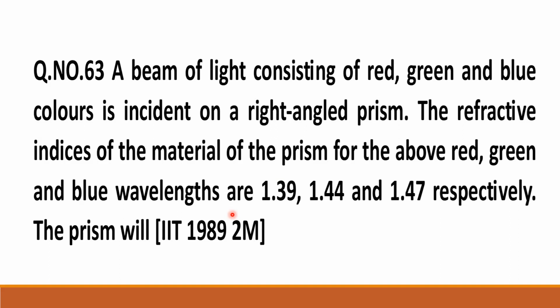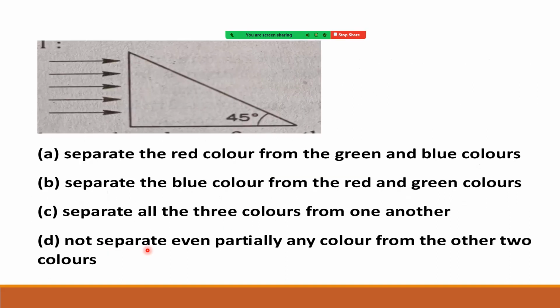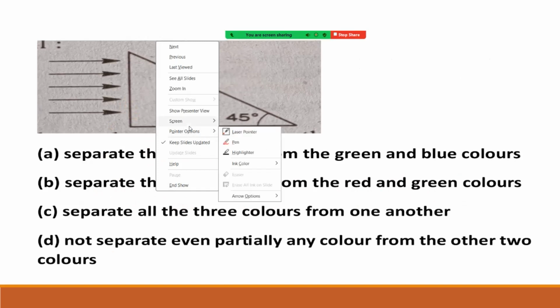Now see what we have to calculate. The diagram is given here. The prism will separate the red color from the green and blue colors. Separate blue color from red and green. Let us see first of all how to decide these options.